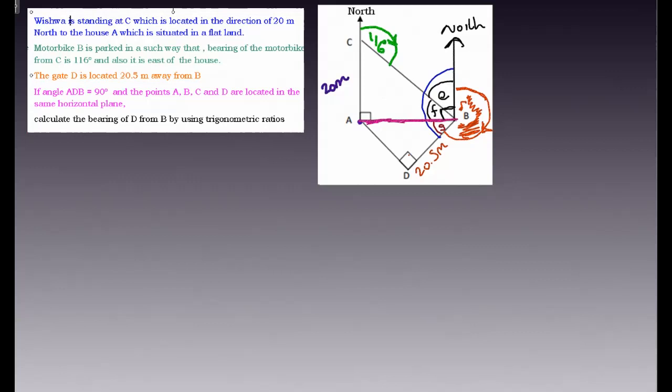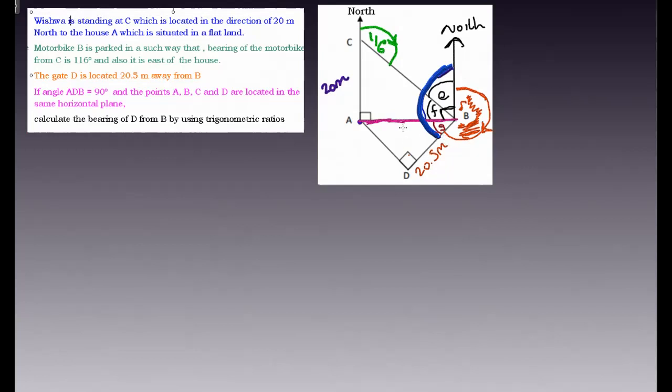All right. But still, we haven't found the blue angle's value. Why? The blue angle is not only E and F, it consists of three angles: E, F, and G. We have found out E plus F is 90. So what's the next thing we have to do? Find this blue angle's value. We have to know G's value. I hope you are seeing the G here, the tiny angle that is marked here.